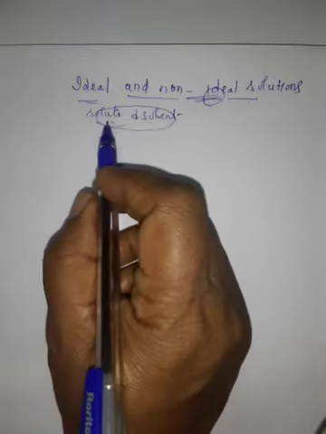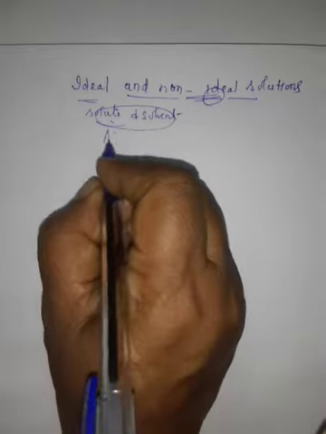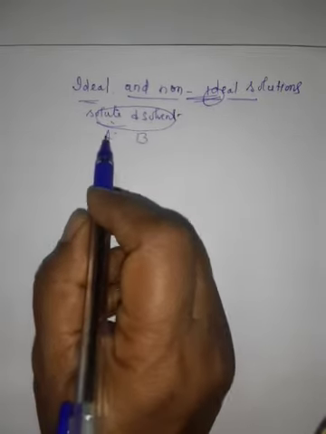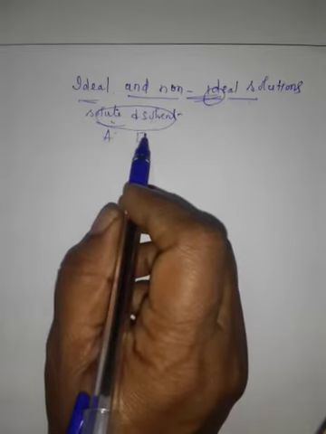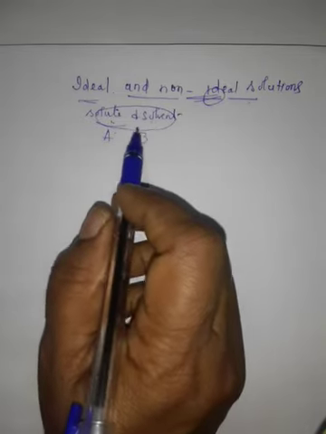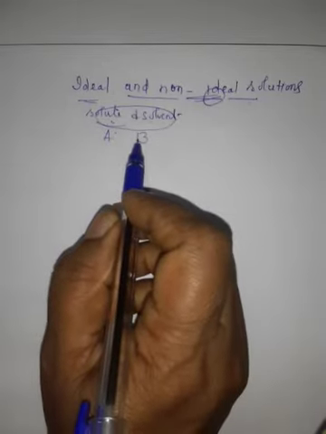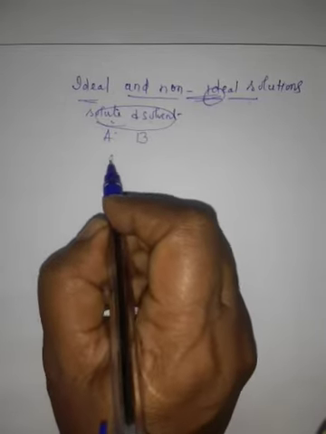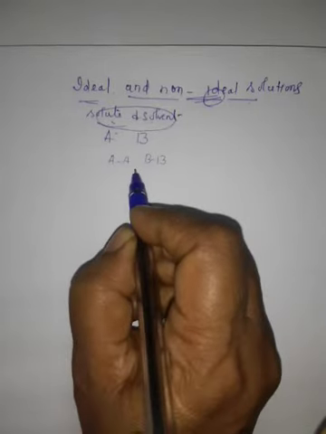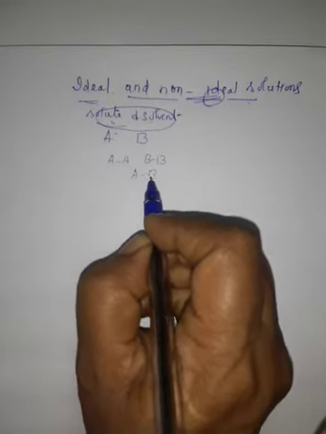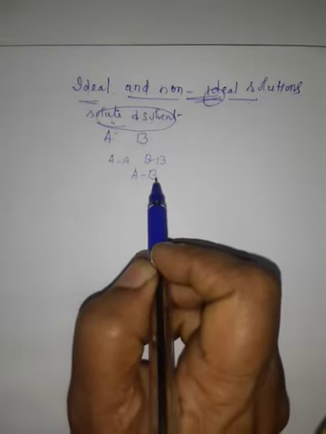If the two components, solute and solvent, considered as A and B, are identical in size and structure, having almost similar intermolecular attractive forces between A and A, between B and B, and between A and B, then the solution tends to behave ideally.